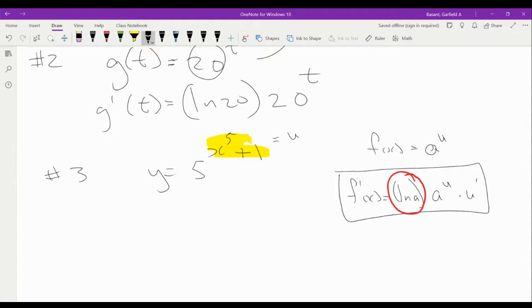So our y prime is equal to, as was said, the ln of 5, which I agree with, times 5 to the x to the 5th plus 1, which I agree with, times 5x to the fourth.